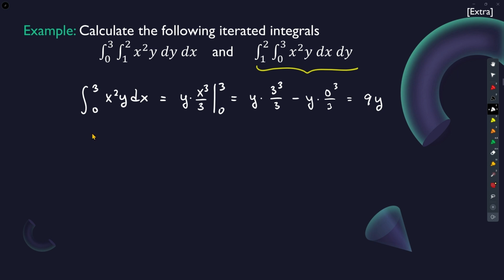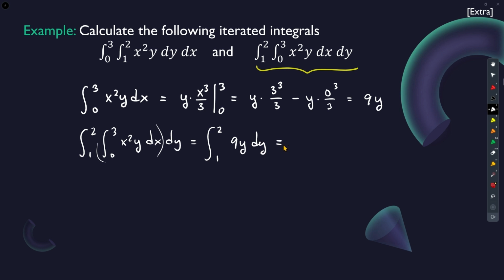Okay, so now I can complete my double integral. I had the integral of x squared y dx dy, and now I know what the inside is. The inside is the integral from 1 to 2 of 9y dy, and that will be 9y squared divided by 2 between 1 and 2, which is 9 times 2 squared divided by 2, minus 9 times 1 divided by 2.